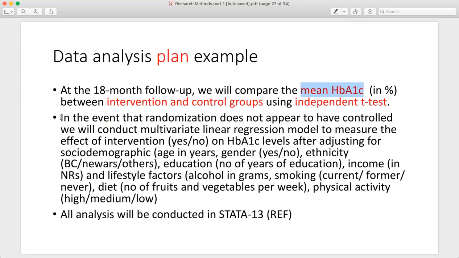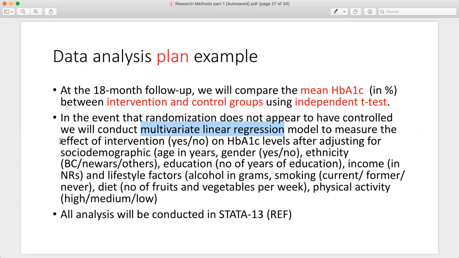We also say that because this was a randomized control trial, if the randomization did not control, then we would go for a multivariate linear regression model. And when you are using any regression model, then you have to mention what variables are going into the regression model. And again, don't use etc. Use the comprehensive, complete list of the variables that will go in your regression analysis and in which form.